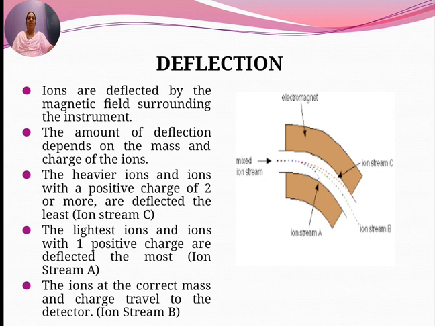So this is your deflection system, which consists of a magnet, and your ion stream is allowed to flow.